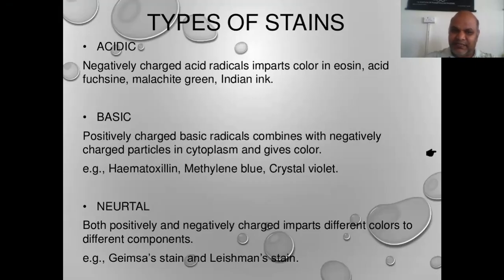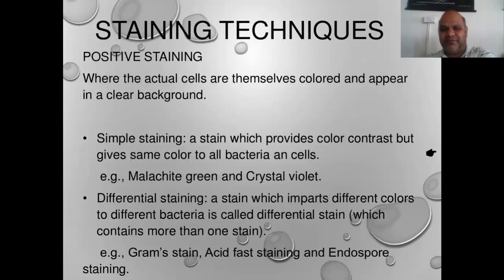Basic type of stain contains positively charged basic radicals, like hematoxylin, methylene blue, crystal violet. And the neutral contains both positively and negatively charged radicals, for example Giemsa stain or Leishman's stain. So all these types of stain, acidic, basic, and neutral, function in observing the various strains of microorganisms.